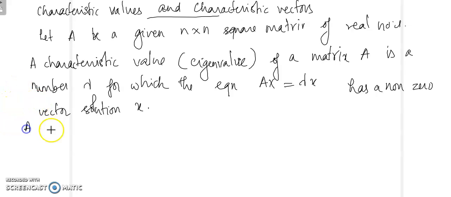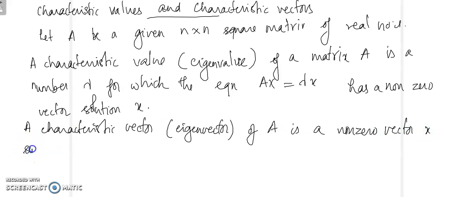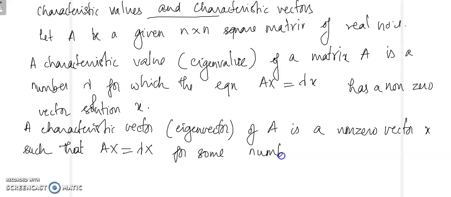So a characteristic vector or eigenvector of A is a non-zero vector x such that Ax equal to lambda x for some number lambda.